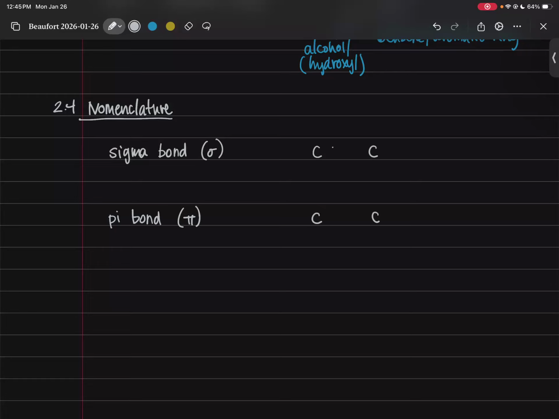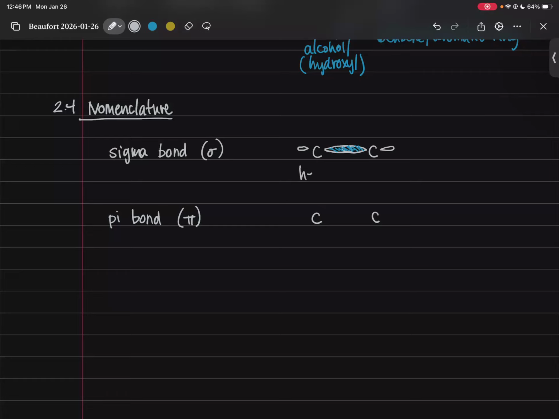In a sigma bond, we have the two orbitals overlapping head-on like this. The way I've drawn them here, they're sort of like sp3 orbitals, but the two big lobes of the orbitals are pointing toward each other.